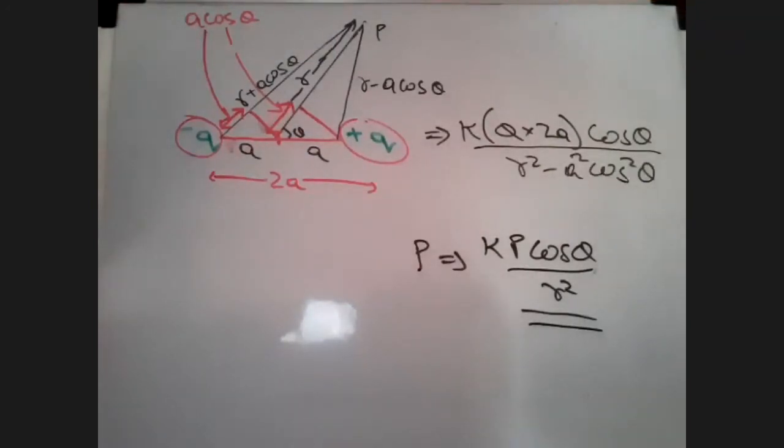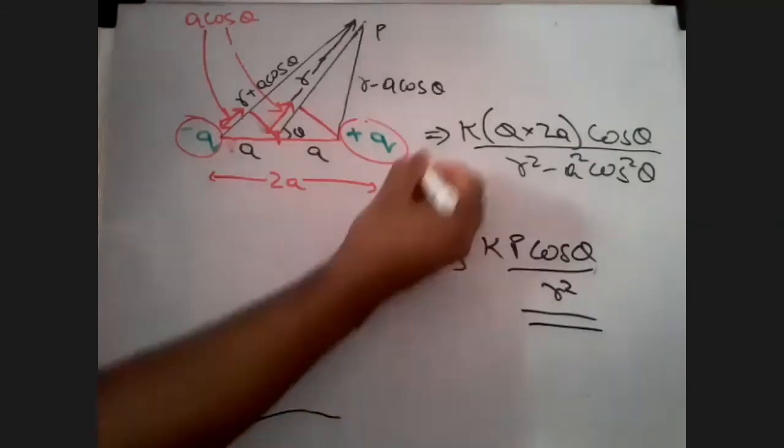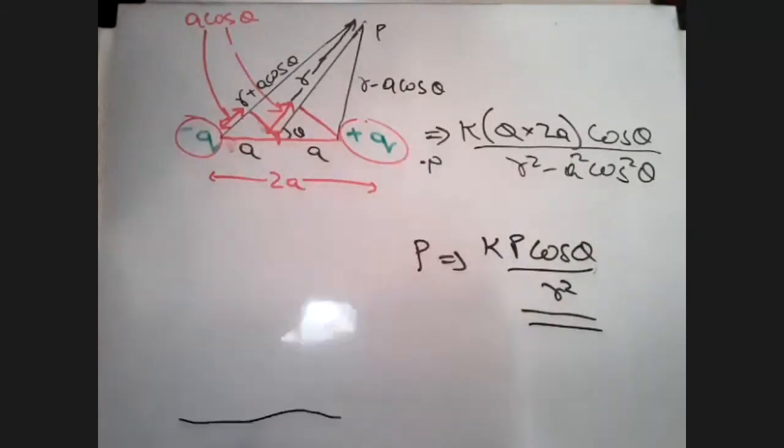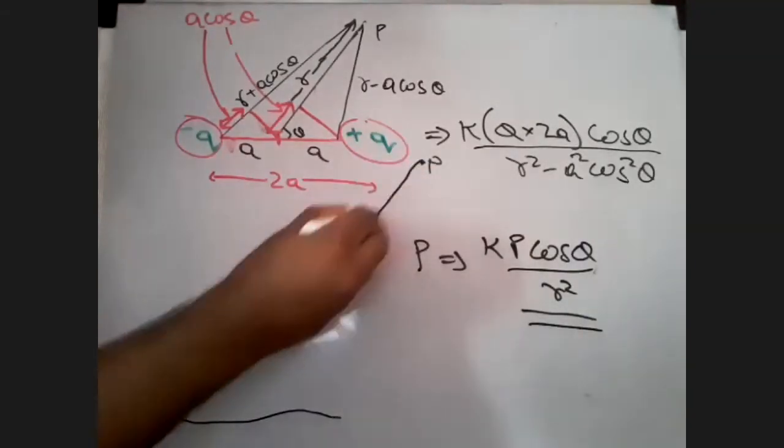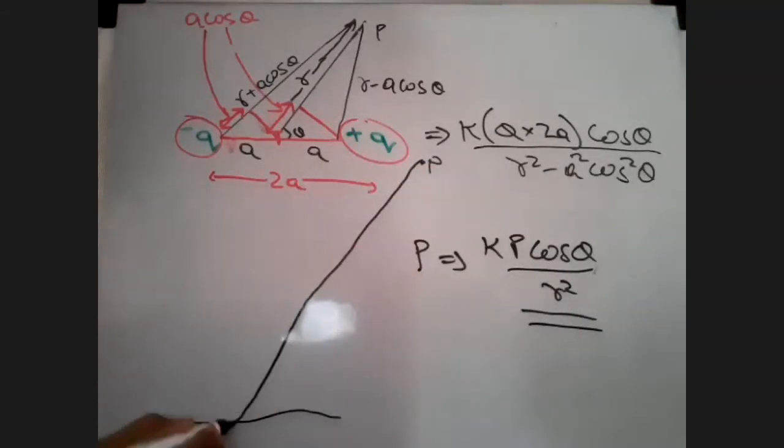Any doubt? Sir, how did a square cos square theta disappear? How did it get cancelled? See, if I take this point P to a point where it is close to infinity, this entire distance in this small diagram is defined as r.